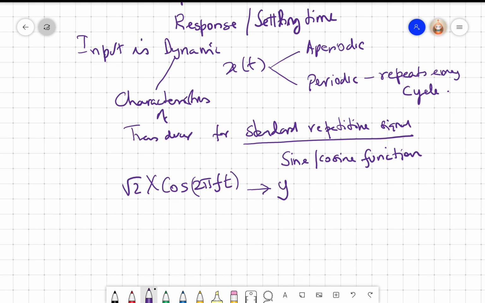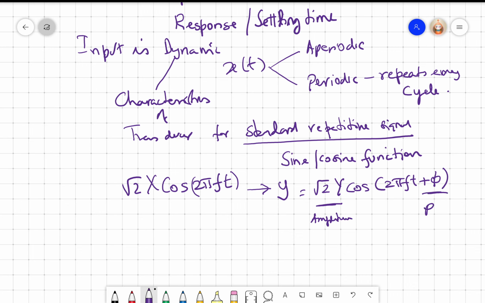In 99.9% of the cases, our transducer is going to be a linear device, which means the rules of linearity apply, the commutative law and associative law. Then y can in general be root 2 y cos(2 pi f t plus phi). It has to be the same frequency because it's a linear system, and a linear system can allow a certain phase shift in the output. That's the only thing. This we call the amplitude.